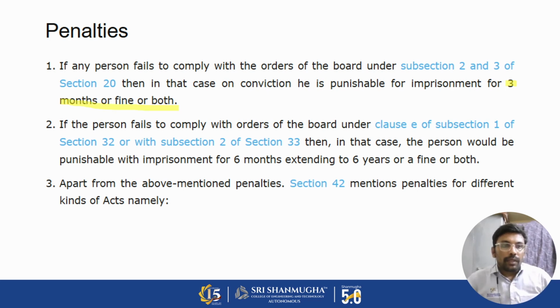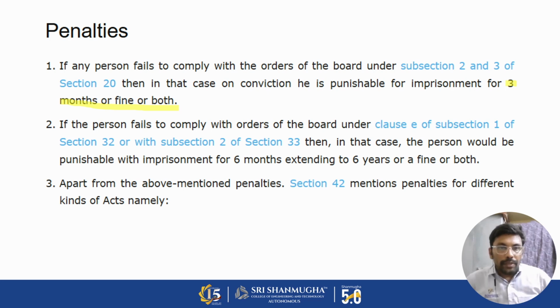If any person fails to comply with the orders of the board under clause E of subsection 1 of section 32 or with subsection 2 of section 33, in that case the person would be punishable with imprisonment from 6 months extending to 6 years, or a fine, or both.